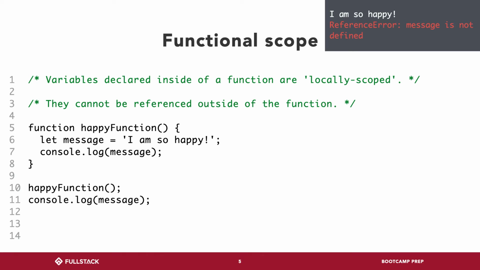Message was defined locally inside of happyFunction. We are trying to console.log it from the global scope, so we get a reference error. JavaScript is like, what are you talking about? I can't look into that function and know what's in there, okay? I can only look at my own scope. So we get a reference error when we console.log that.